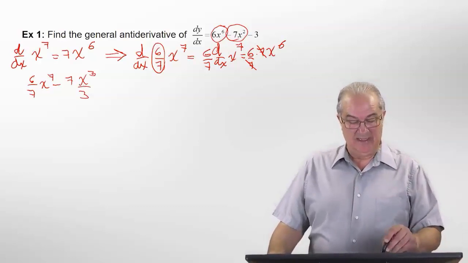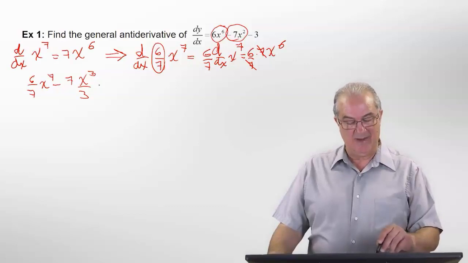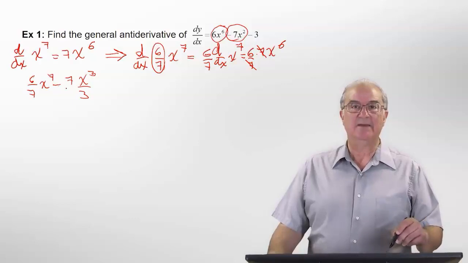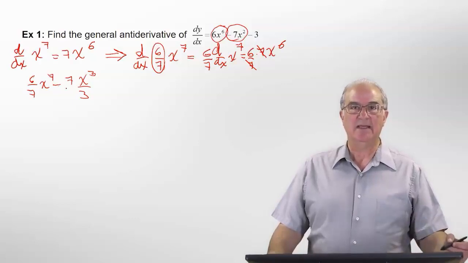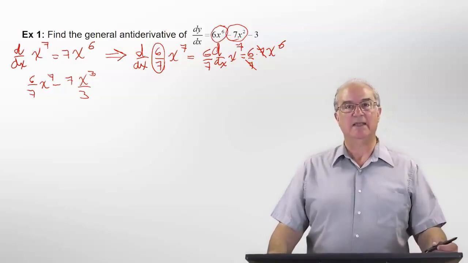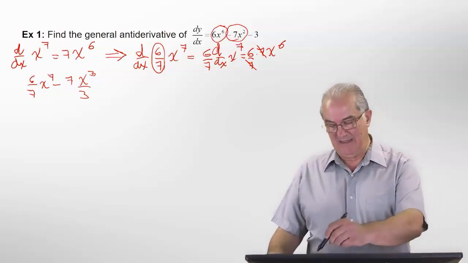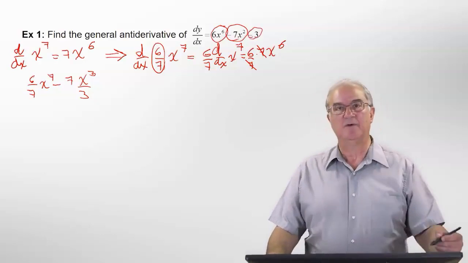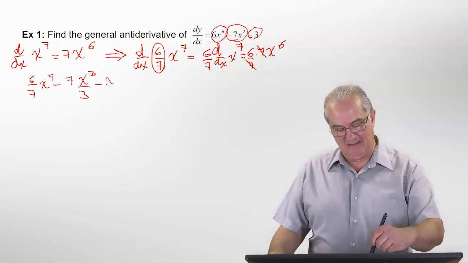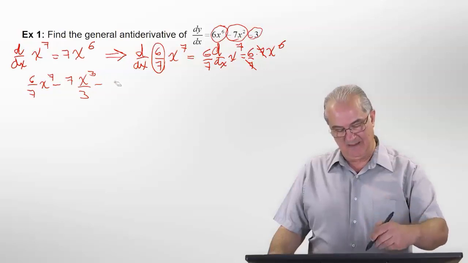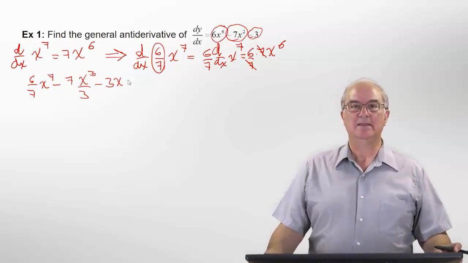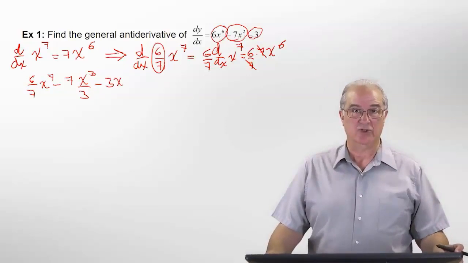If we now want to check that, of course, we can differentiate this term minus 7/3 of x cubed, and its derivative is minus 7/3 times 3x squared, which is indeed minus 7x squared. And finally, we want an antiderivative for the constant function minus 3, and it's fairly immediate to see that minus 3x is one such function.